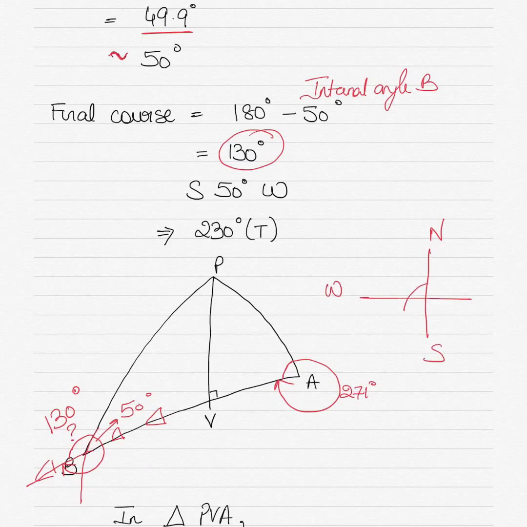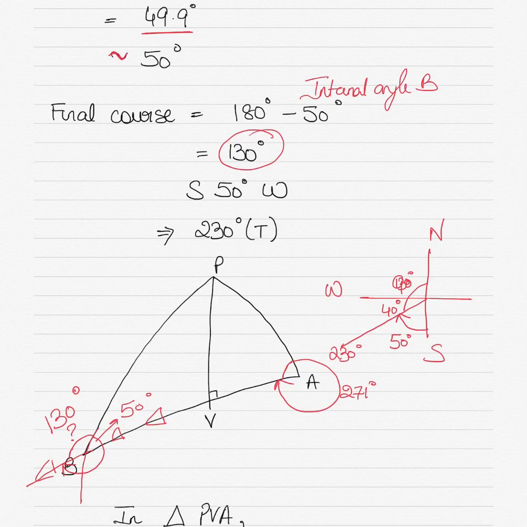If 130 is the final course, that means now I am no longer in the northwest quadrant. I am actually now in the southwest quadrant. By how much? Well, this much is 90, and then 40 degrees more into the southwest quadrant. That means from south I am about 50 degrees to the west. So southwest, this is my course.